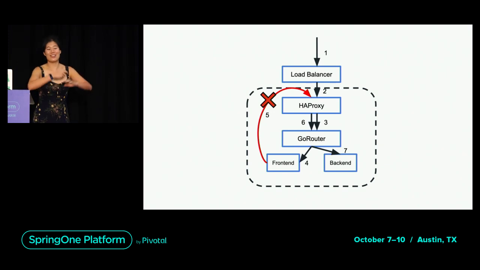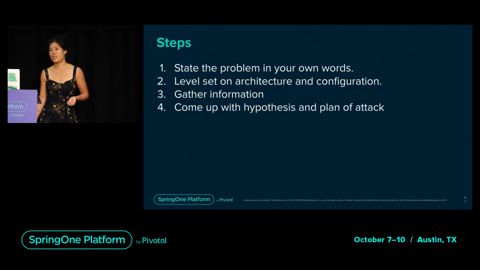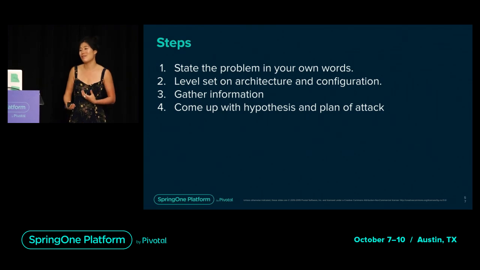At this point, we had gathered a lot of information. And so going back to the steps of the debugging process, we decided to go to our fourth and final step, to come up with a hypothesis and a plan of attack. To be frank, we were pretty swayed by the new information that had come in. If something fixes the problem, it seems like a pretty good information nugget to go down the rabbit hole with.